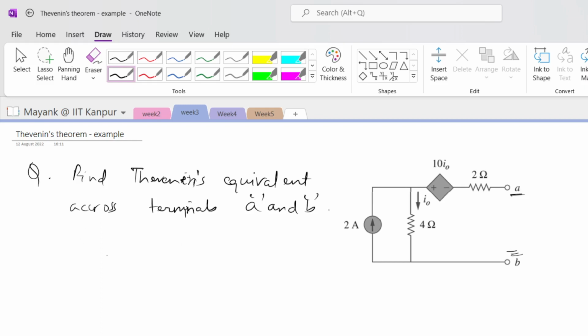I want to find out the Thevenin's equivalent here. So how do I do that? What should be the first thing?